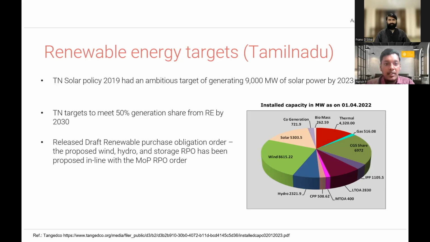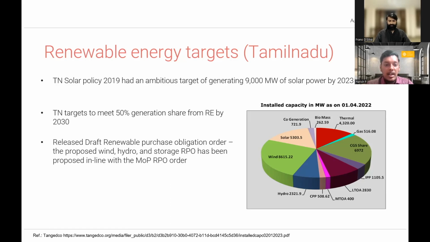To tackle this and increase the RE share, Tamil Nadu initially released its solar policy in 2019 with a target to meet close to 9,000 megawatt of solar energy by 2023. About 40% of this 9,000 megawatt was supposed to come from distributed systems from the consumer category, to increase the distributed share as well.